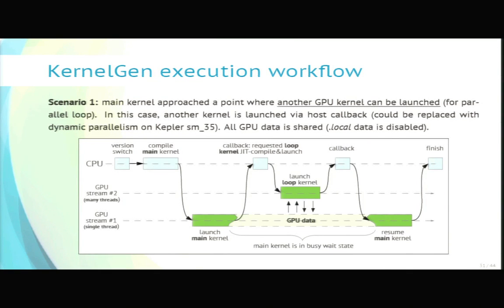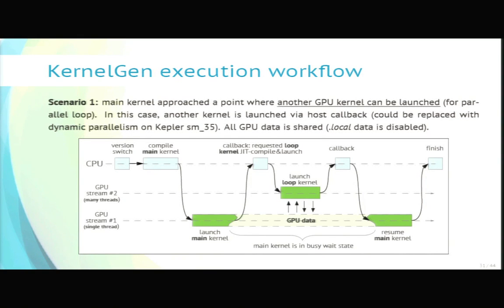But in case we approach a parallel loop, the execution is interrupted. The kernel is not stopped, but it's interrupted with a callback requesting the CPU side, which is partly the LLVM runtime and our runtime, to analyze if the loop is parallel within the current runtime context.